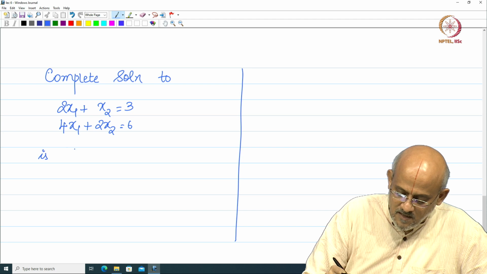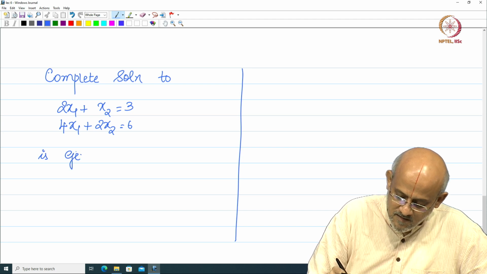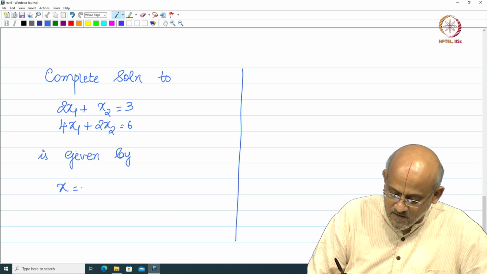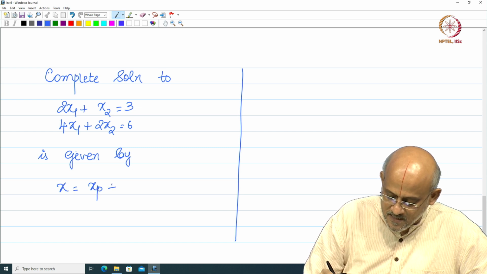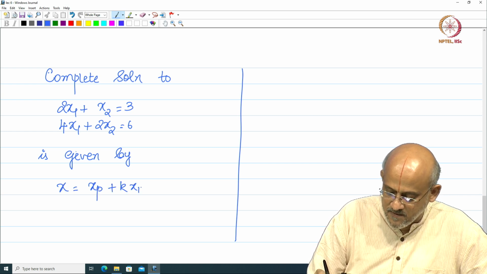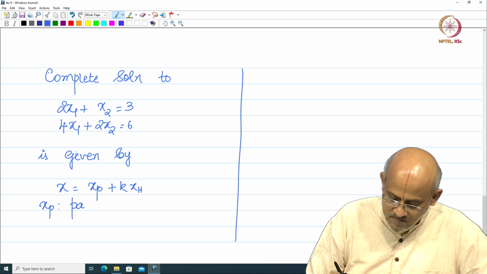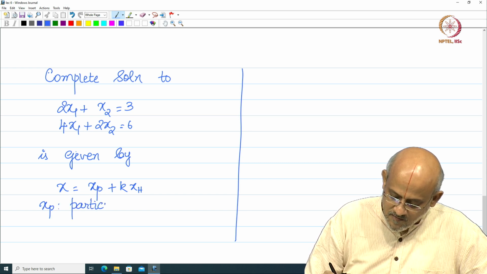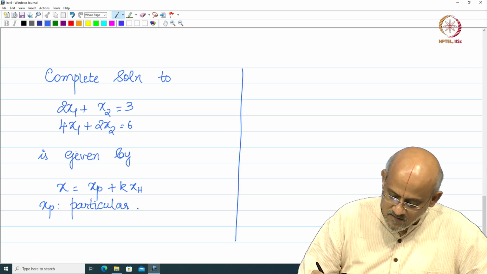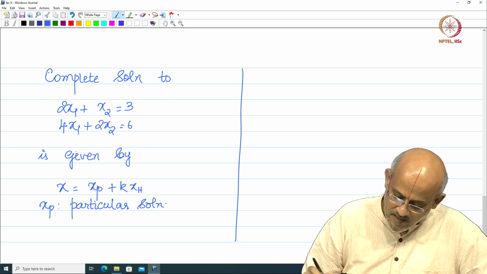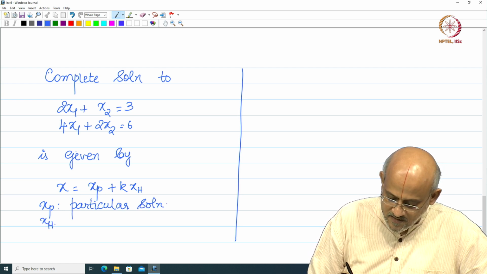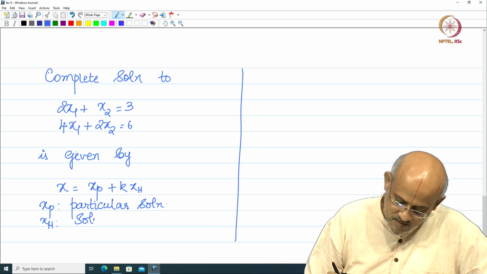It is basically given by x is equal to xp plus k times xh, where xp is a particular solution to the given right hand side, and xh is the solution to the homogeneous system of equations.